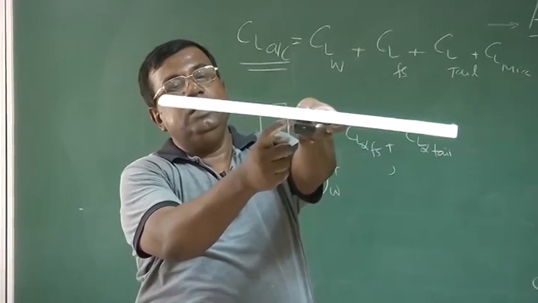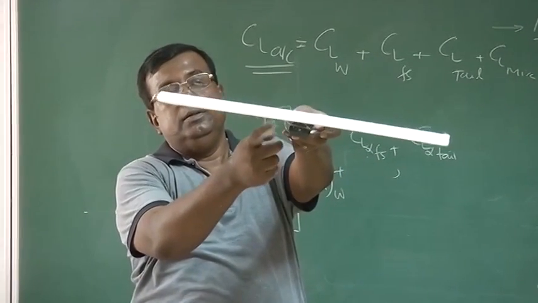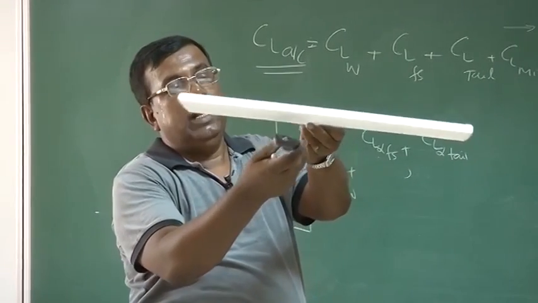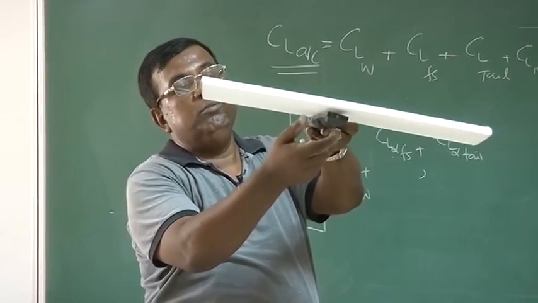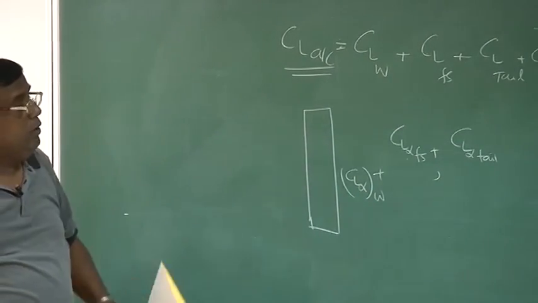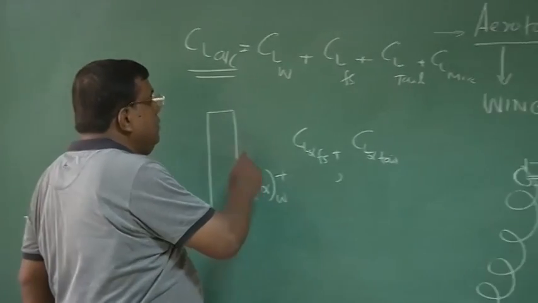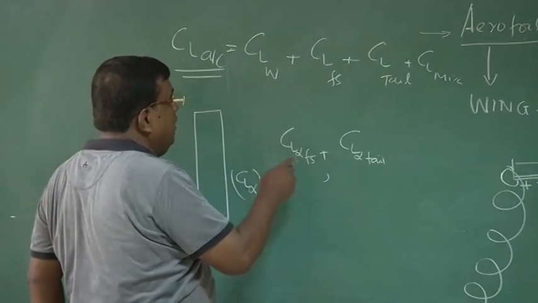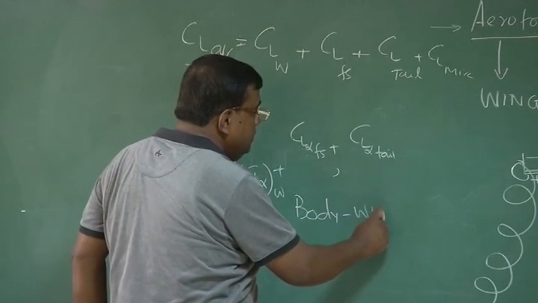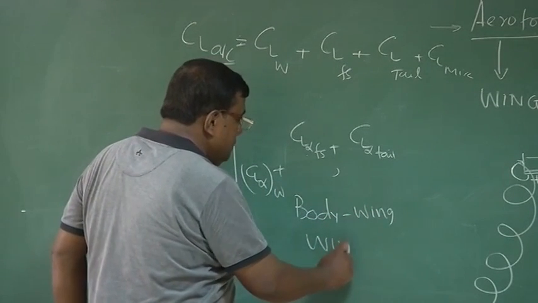So there is a body to wing interference here. Similarly, if I calculate for the body alone, when I bring it near the wing, there is a wing body interference. Same thing happens with the tail. So when I am talking about total CL of the aircraft, I need to take care of body, wing, body.